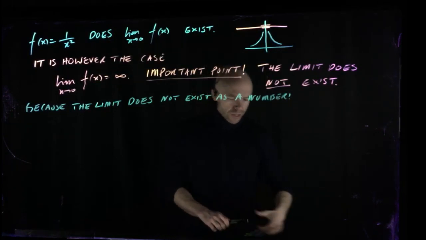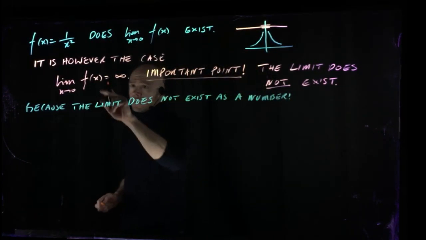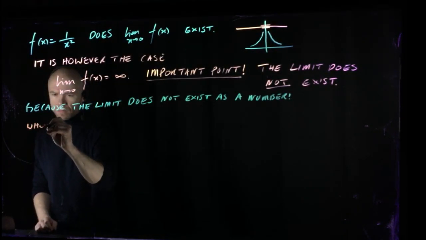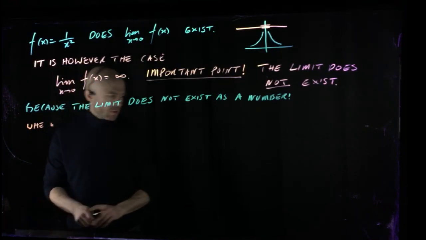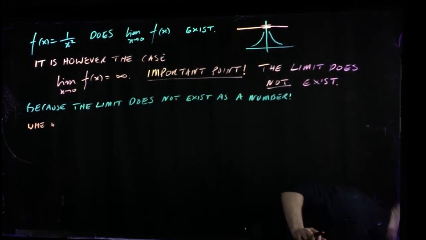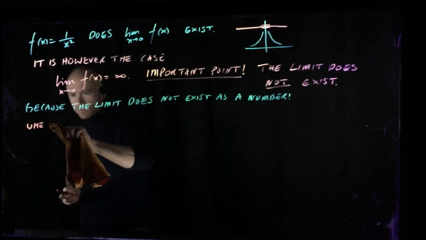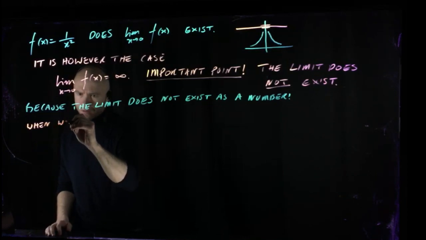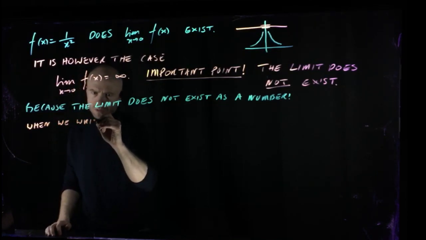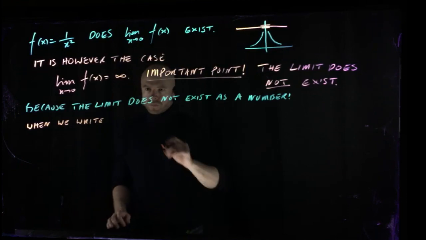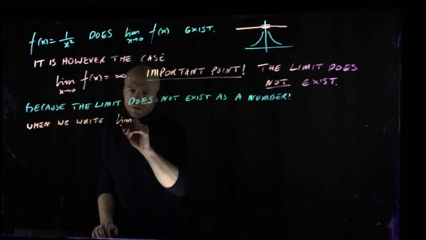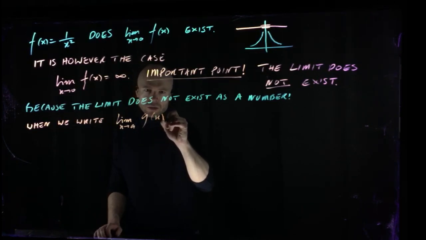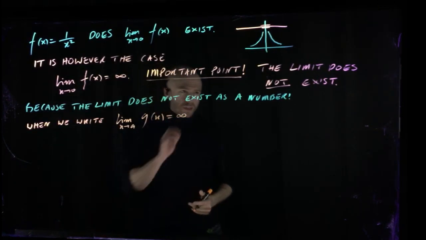Okay? But in general, we can give some meaning to this. So when we write the limit as x goes to a, let's give a different letter, g of x equals infinity, what does this mean?